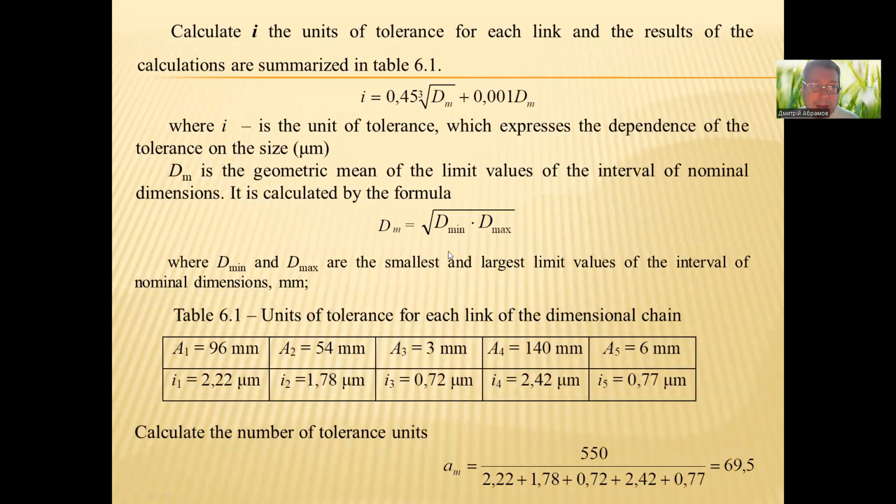Calculate I, the unit of tolerance for each link, and the results of the calculation are summarized in table 6.1.